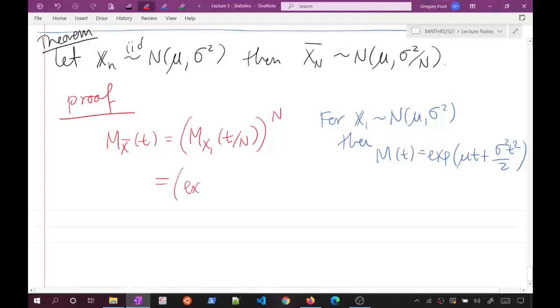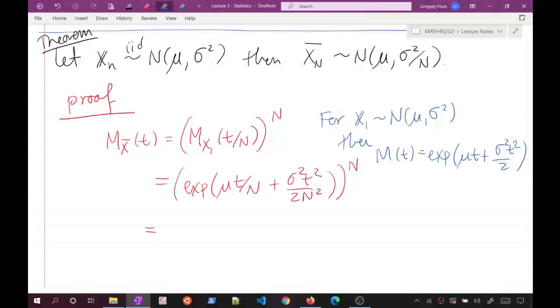I get exponential of, now instead of t, I'm plugging in t over n. So it's mu t over n plus sigma squared t squared over 2n squared, close my parentheses, all of that to the nth power. Now, again, using some facts of algebra, I can push this n through.